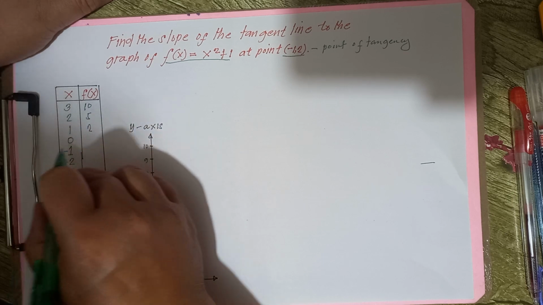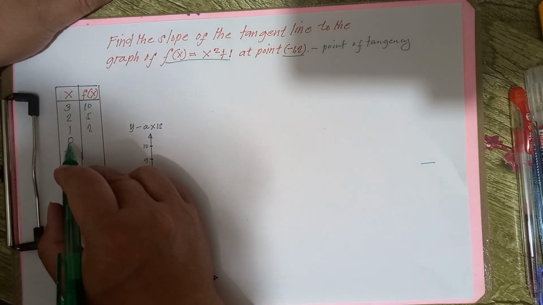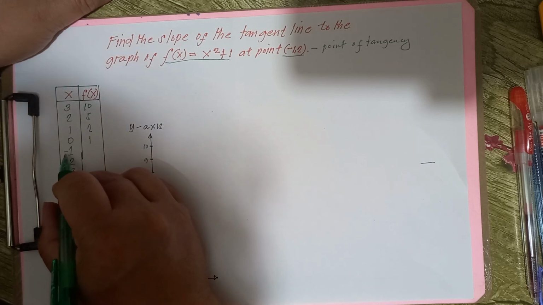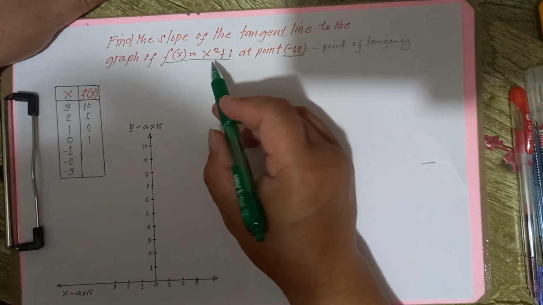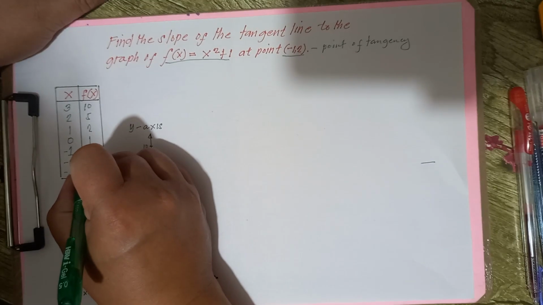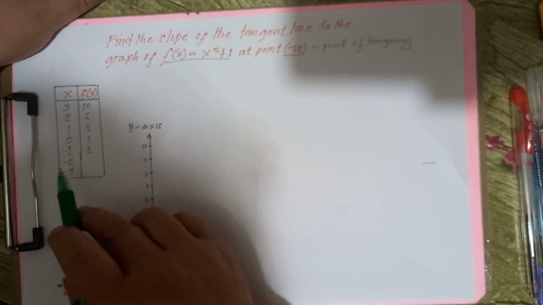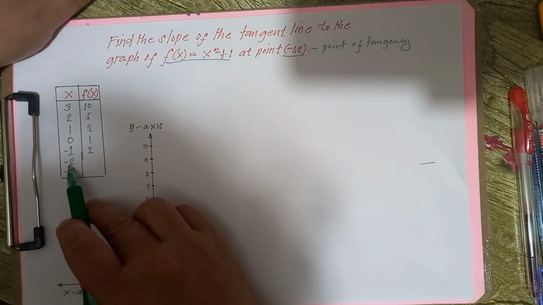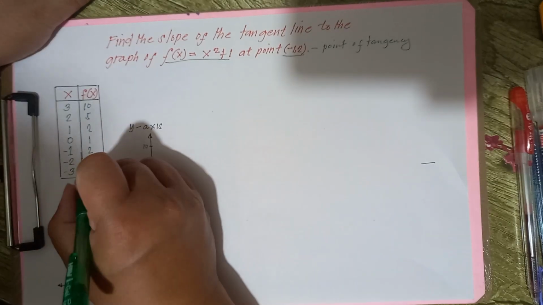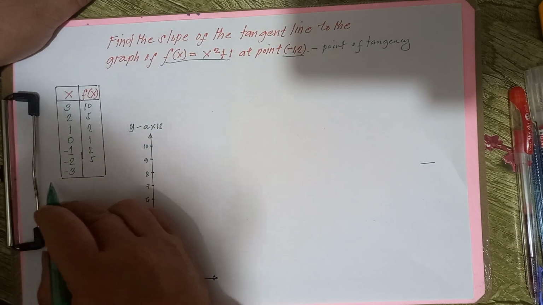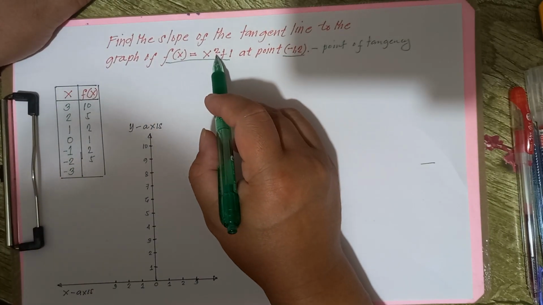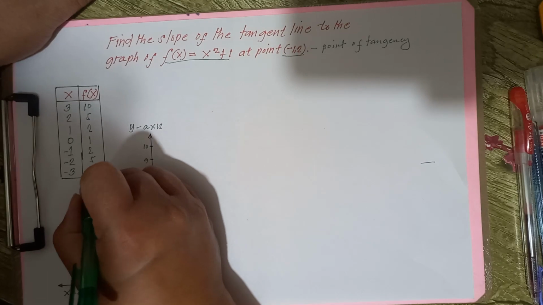And of course, if your x is 0, 0 plus 1, that is 1. The same as if your x is negative 1, negative 1 raised to 2 is positive 1 plus 1, still the same as 2. Again, what about if your x is negative 2? Negative 2 raised to 2 is the same as positive 4 plus 1. That is 5. And if your x is negative 3, negative 3 raised to 2 plus 1, that must be 10.